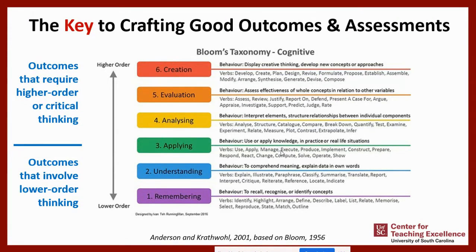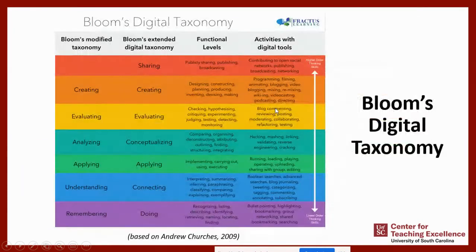But if you really want students to think critically or creatively, where you want to get them is to these higher order thinking skills. Now, sometimes that might not be where you actually get for your freshmen, but for your seniors and your graduate students, absolutely. So you don't want to always start with remembering, with most of it being remembering, because you don't want just regurgitation of your content.